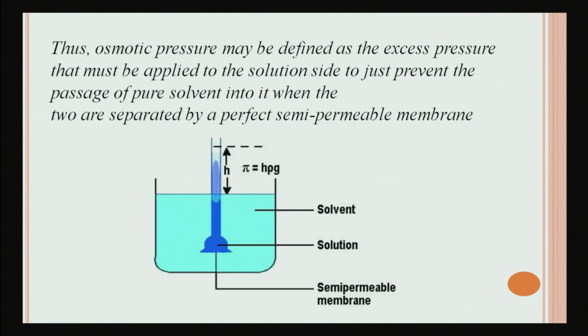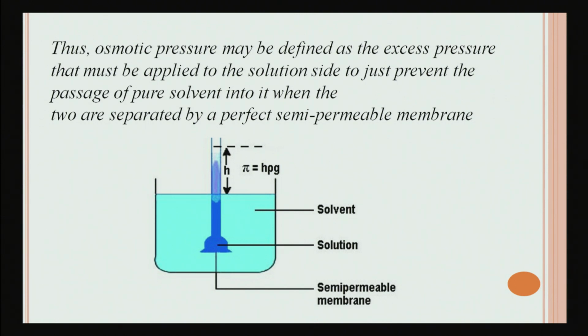As you can see in the figure, the osmotic pressure may be defined as the excess pressure that must be applied to the solution side to just prevent the passage of pure solvent into it when the two are separated by a perfect semi-permeable membrane.